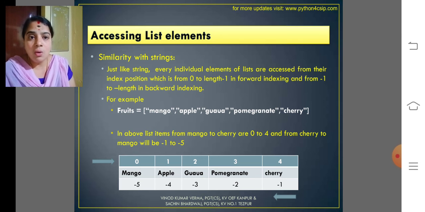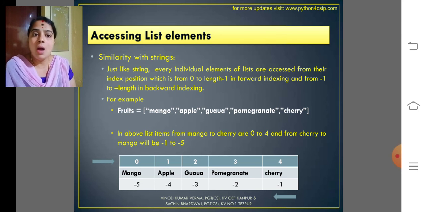Mango will be 0, apple will be 1, guava will be 2, pomegranate will be 3 and cherry will be 4. What will be the backward indexing I have? -1, -2, -3 till -5. It has backward indexing. I think you can recollect what we studied in string.